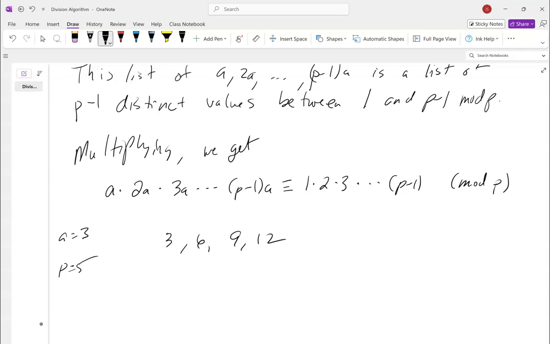Let's do mod P now. Mod 5. 3 mod 5 is 3. 6 mod 5 is 1. 9 mod 5 is 4. 12 mod 5 is 2. Now, I've got this 1-to-1 correspondence between the things in my list and the numbers from 1 to P minus 1. That's what we're doing.